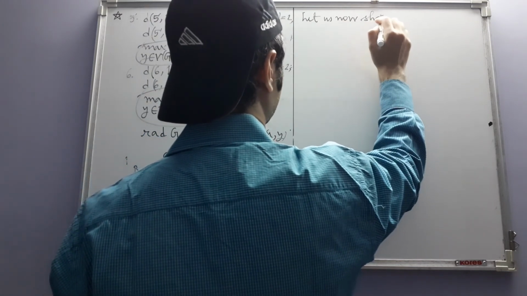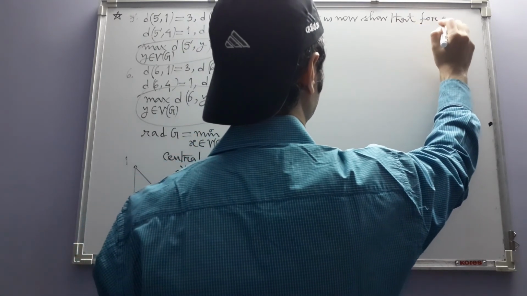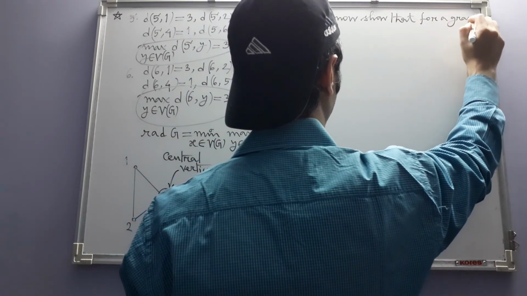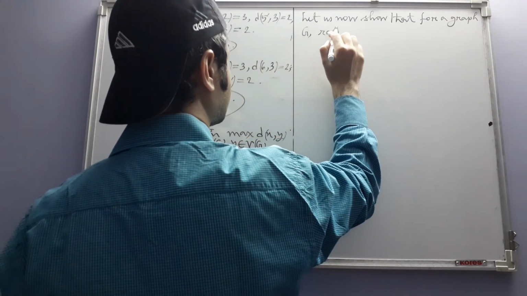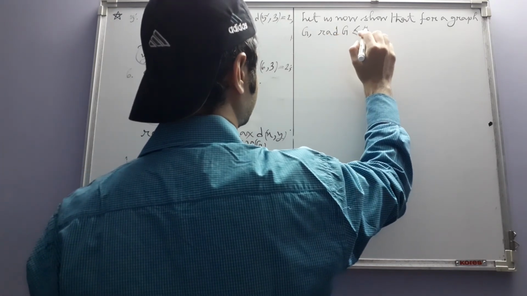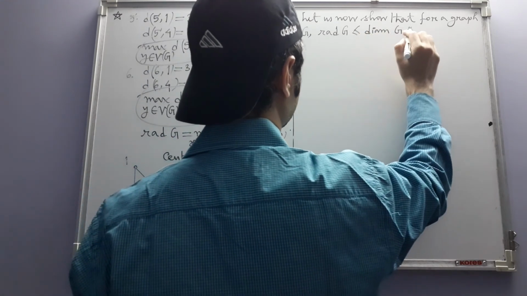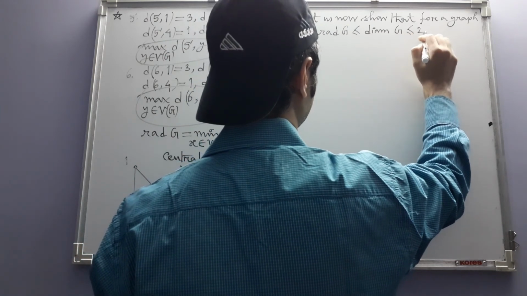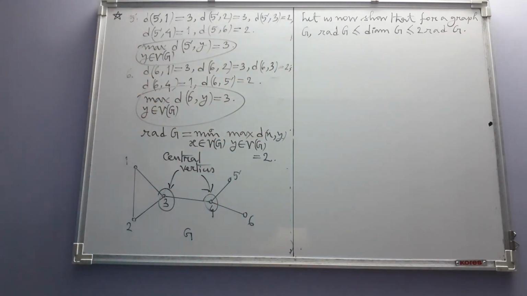Let us now show that for a graph G, radius of G is less than or equal to diameter of G, but diameter of G is again less than or equal to 2 times radius of G. We now next intend to show this, which however we will not do in this video.